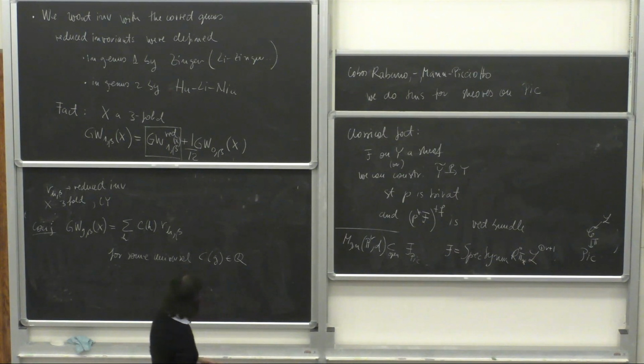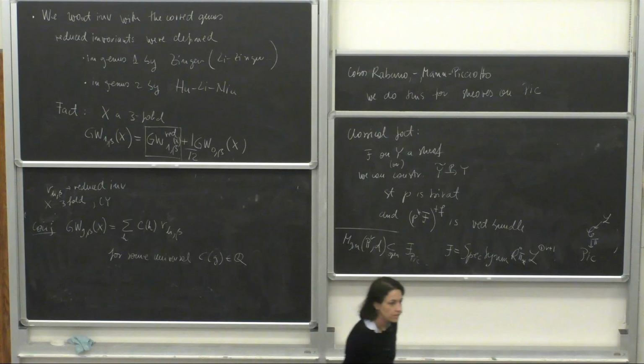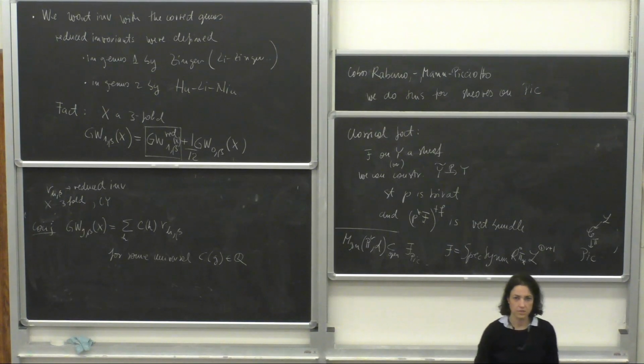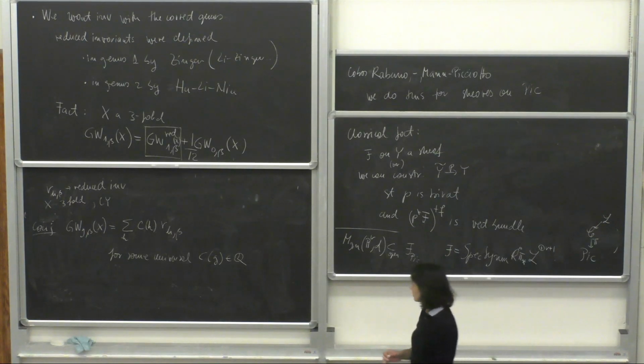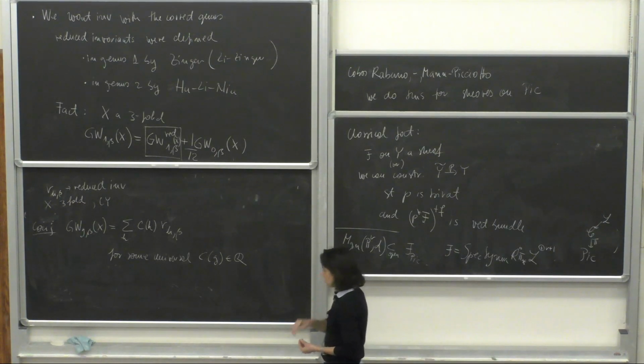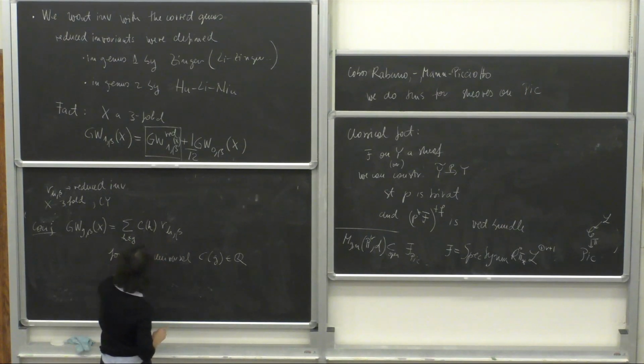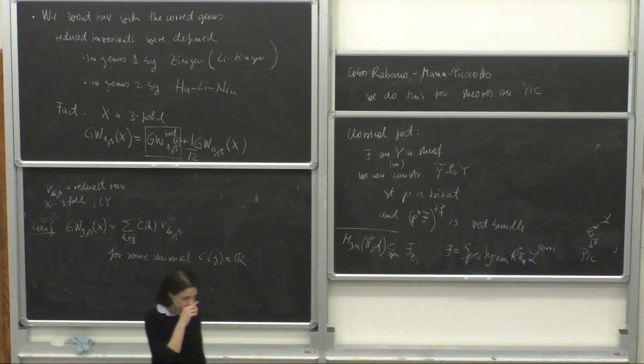H should be less than or equal to G, so no H higher than G. So this expansion is a sum over H up to G. Yeah, always. And I assume that the first one is the G one.